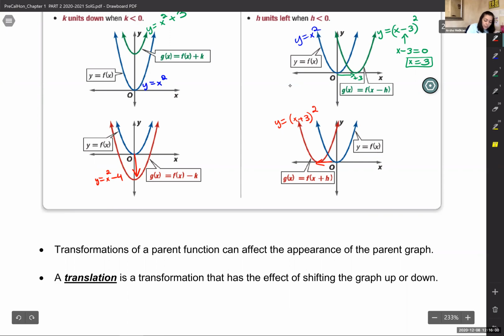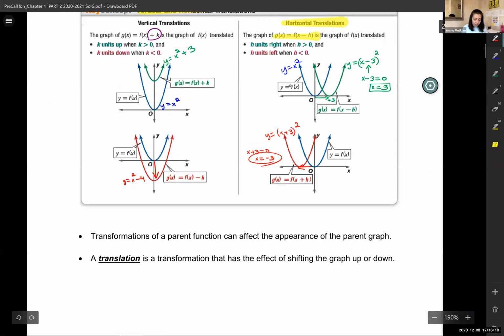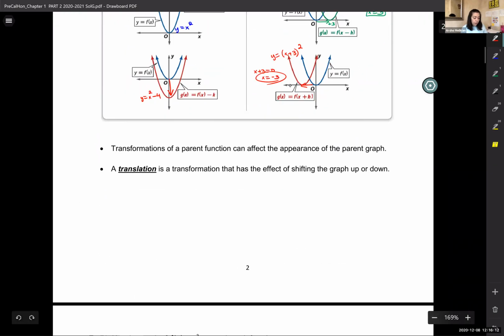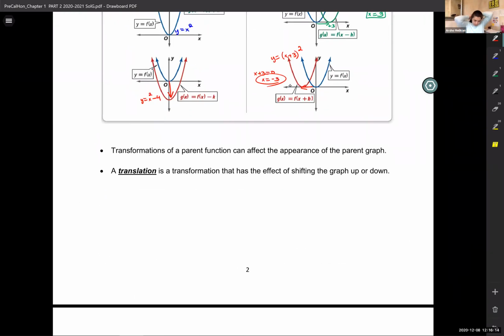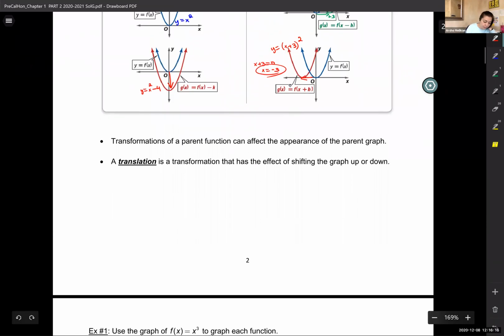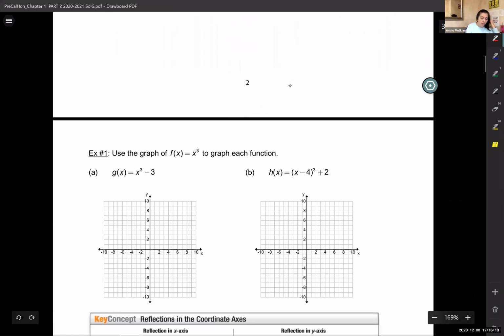Yep, x plus 3 squared, because if you take the x plus 3 and set it equal to 0, you get x equals negative 3, moving it to the left. So those are horizontal translations.